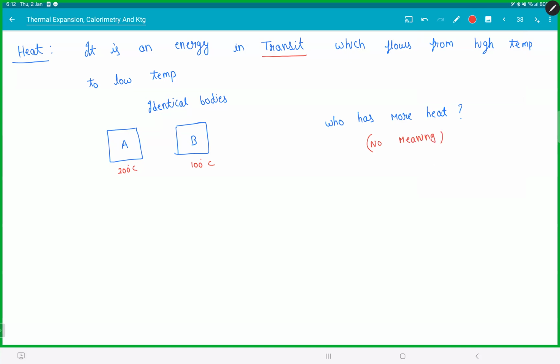Because heat is defined as the energy in transit. Only when the heat is flowing from A to B, this is called heat. Getting it? So when energy flows from A to B, we call it heat. Once it reaches B, we call it internal energy. We don't call it heat anymore.